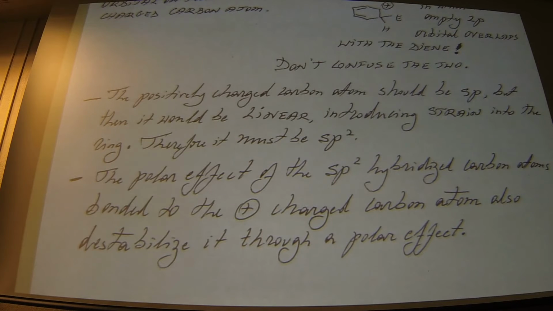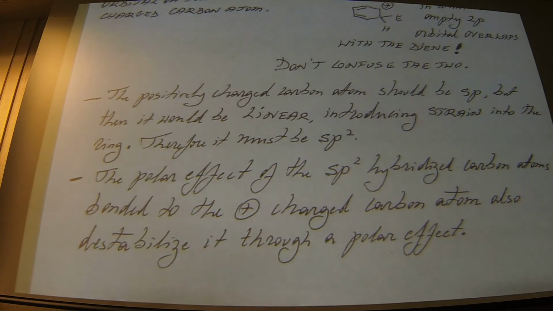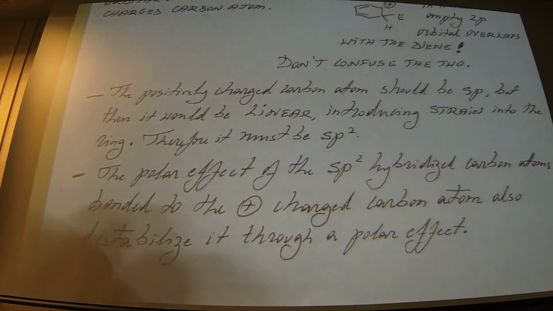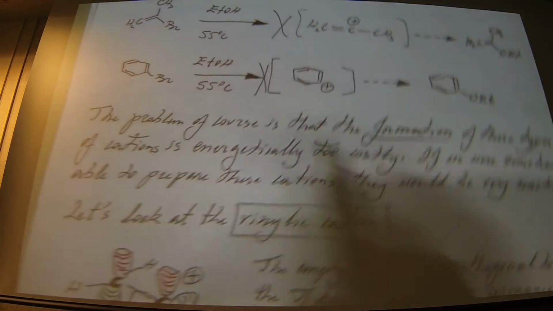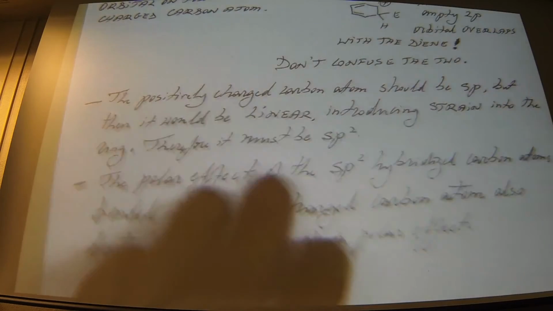So now that we've said all that, you think, well, fine, how boring, it doesn't react. But actually, you can get reactions of aryl halides with nucleophiles. So we said that you can't get an SN1 reaction, but you can get a slightly different reaction.